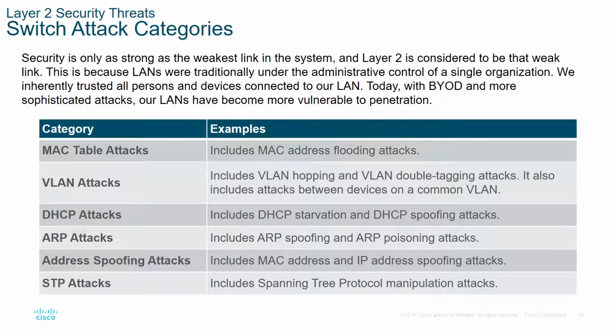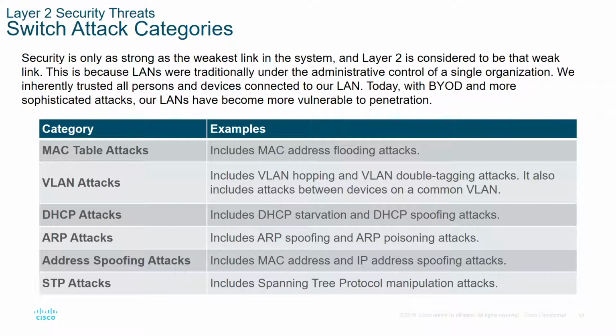Here we see a number of categories of different attack types. So we have MAC table attacks. This includes MAC address flooding attacks. We have VLAN attacks, which include VLAN hopping and VLAN double tagging attacks. It also includes attacks between devices on a common VLAN.